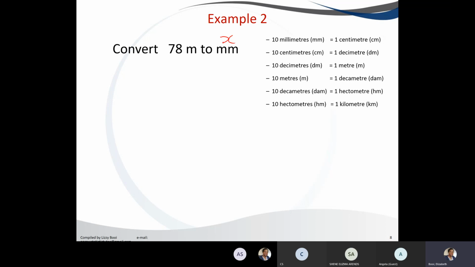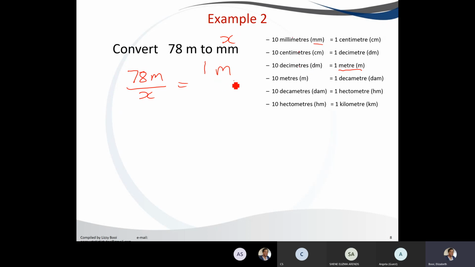So we make this side X, and we say there are 78 meters to X, and we need to know how many millimeters are in 1 meter. So our 1 meter will be how many millimeters? There are 1, 2, 3.